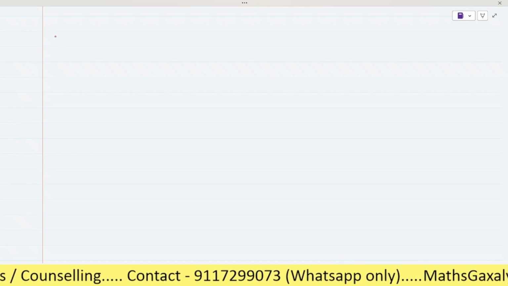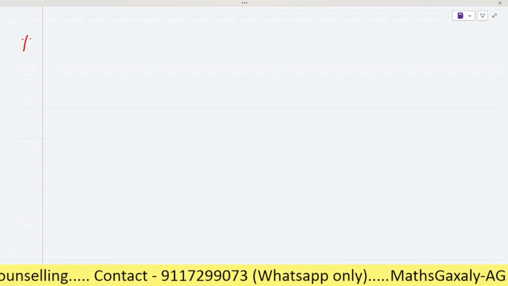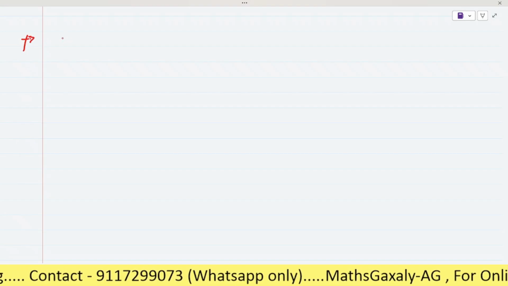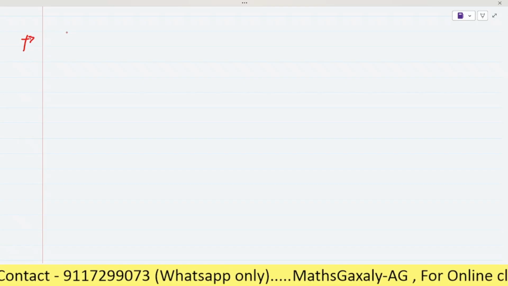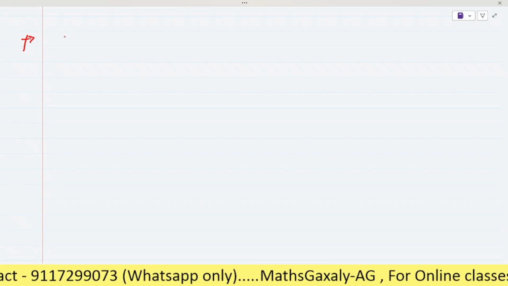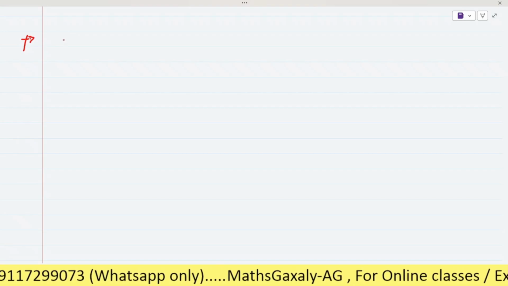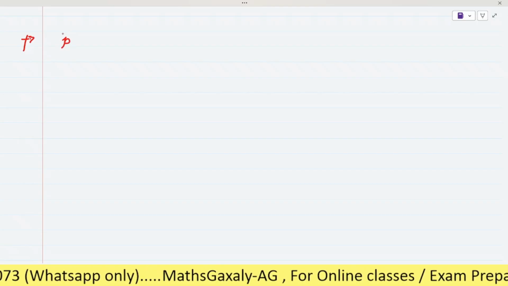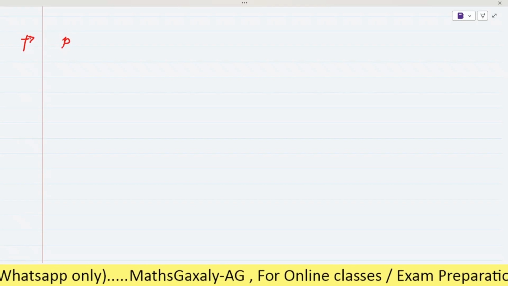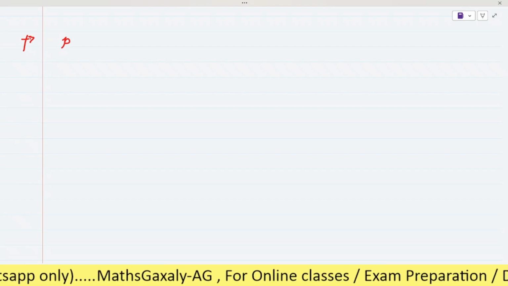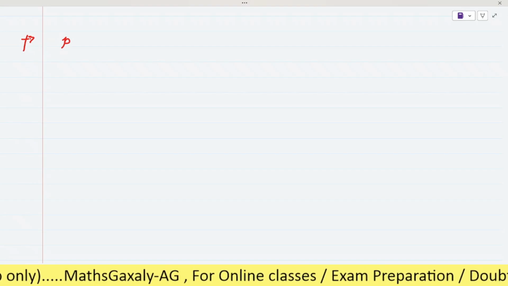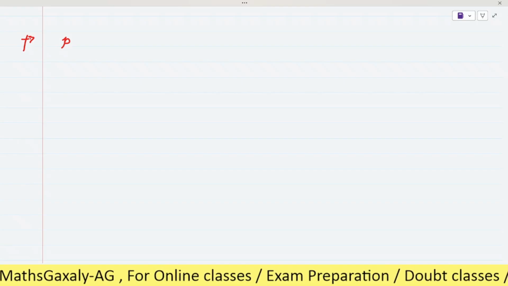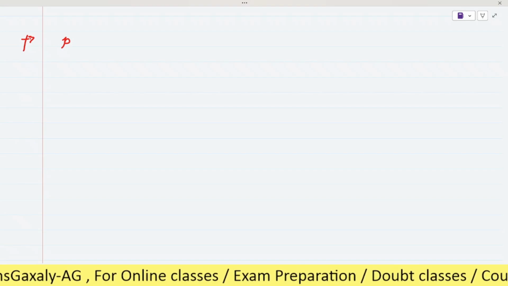Sir, the smaller number will be on top and the bigger number on the bottom. No, dear, it will be wrong, because the numerator can be greater than the denominator.